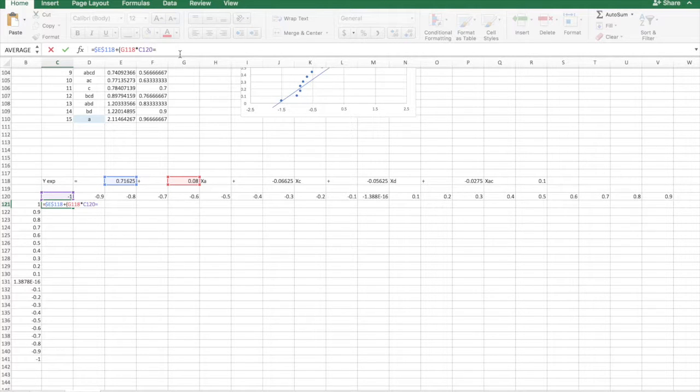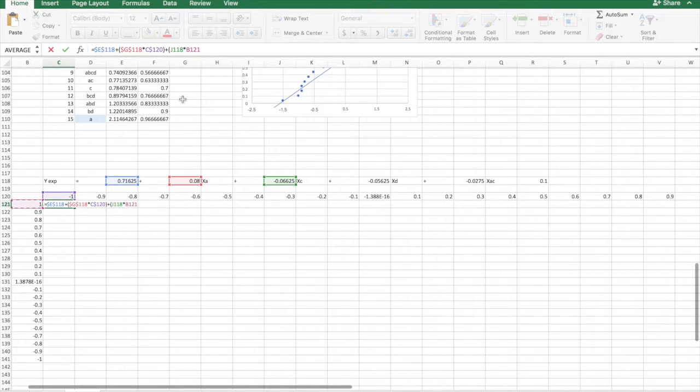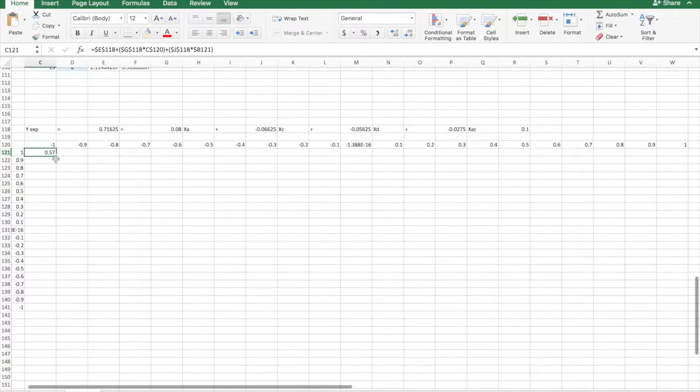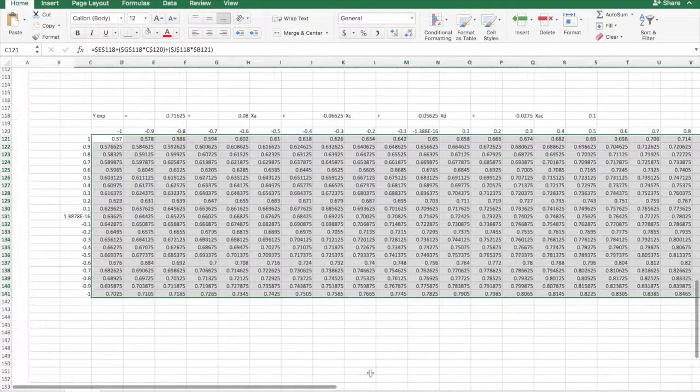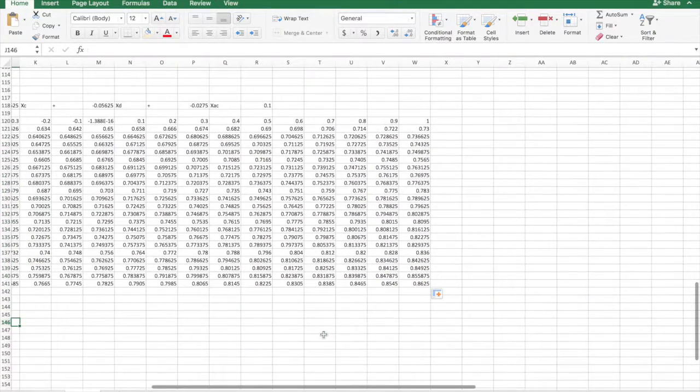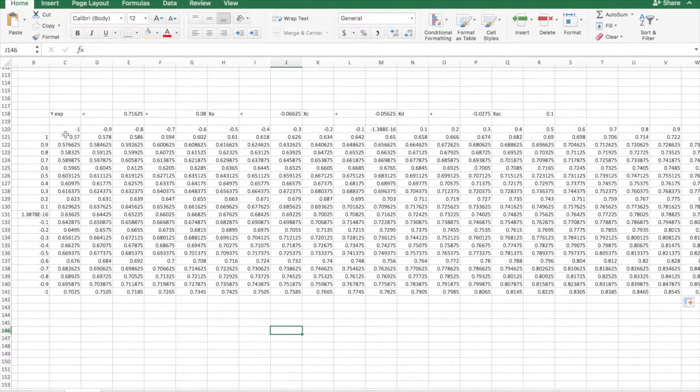So it's going to be that effect of A times, and then we're gonna do the same for the C times, but it's going to be the number on the left of that row. And we're gonna select, and then in here it's going to be on the left side, and then we scroll it into 141, and we have our contour plot, but now we have to actually paint it.